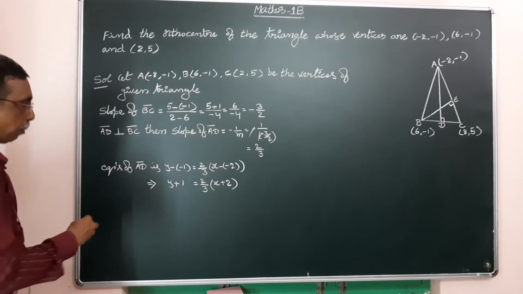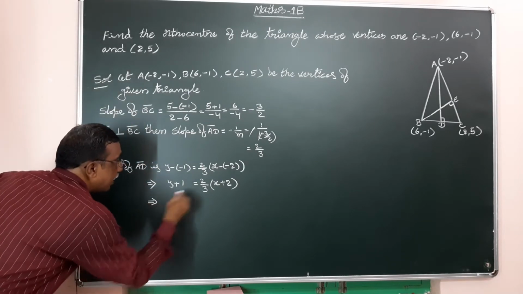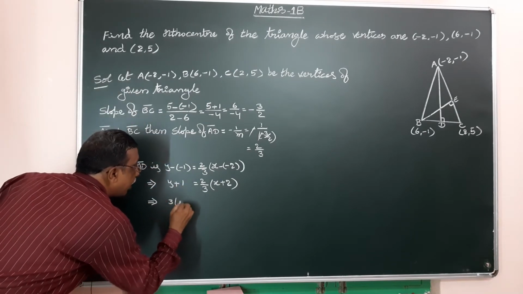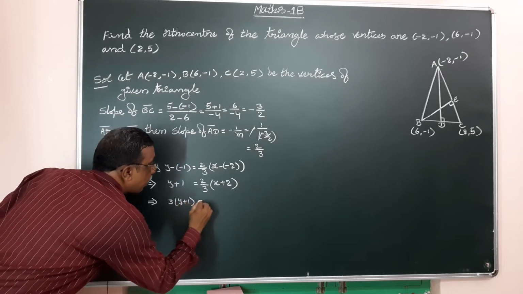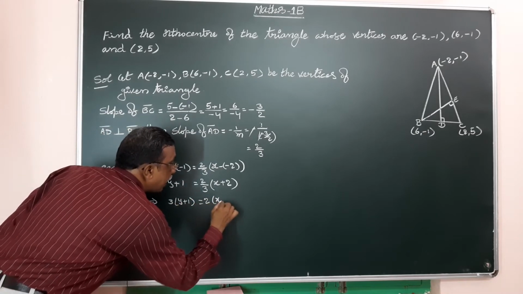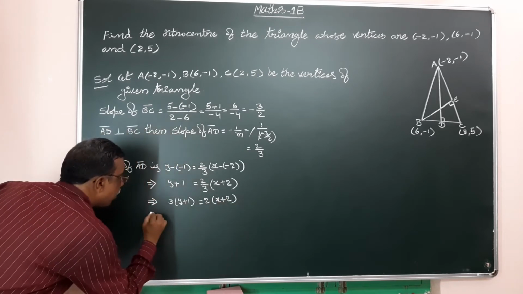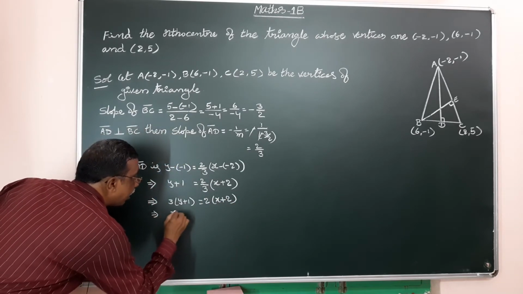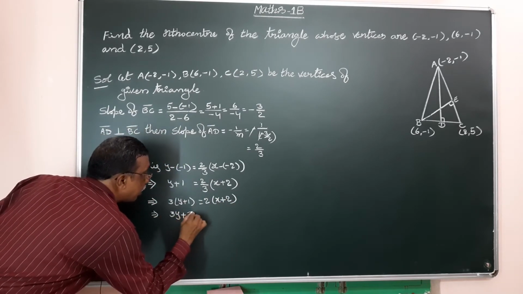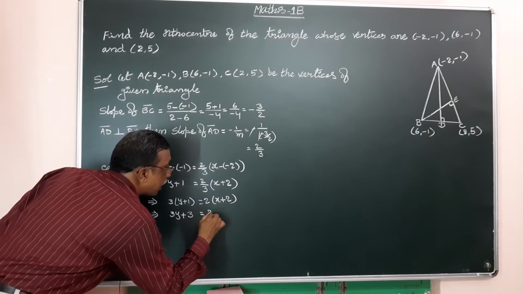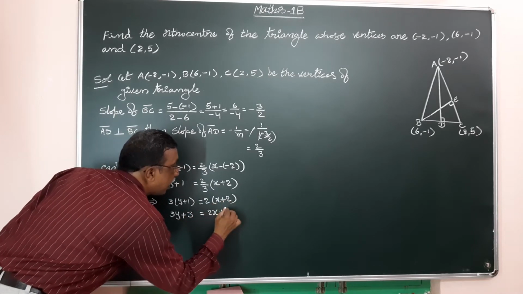By using cross multiplication, 3 into y plus 1 equals 2 into x plus 2. That implies 3y plus 3 equals 2x plus 4.